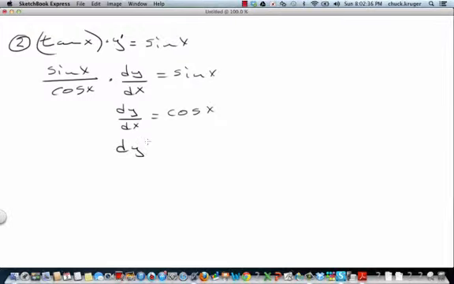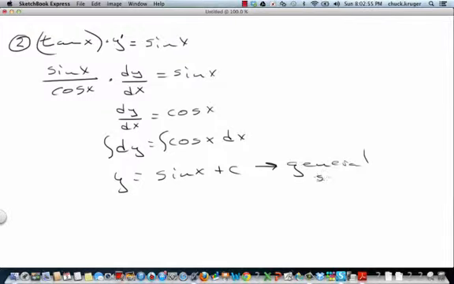So dy equals the cosine of x dx. Integrate both sides, and I have y equals the sine of x plus c. That's my general equation, or my general solution.